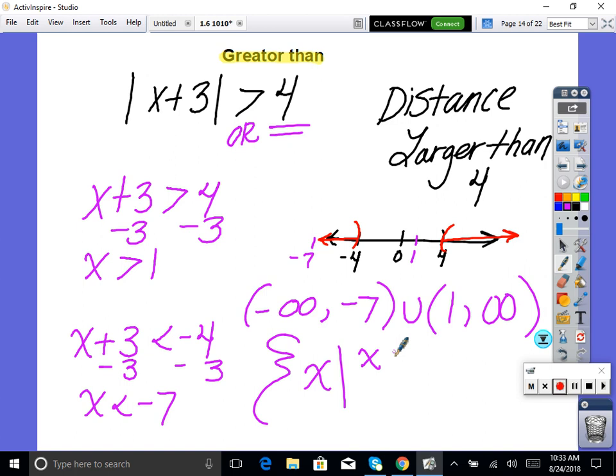Like this. Any x values less than -7, or, remember with or they always write it, or x values greater than 1. That's just how you write it, just like last time. It'll specify. So on your homework, just go with what your homework asks you to do.